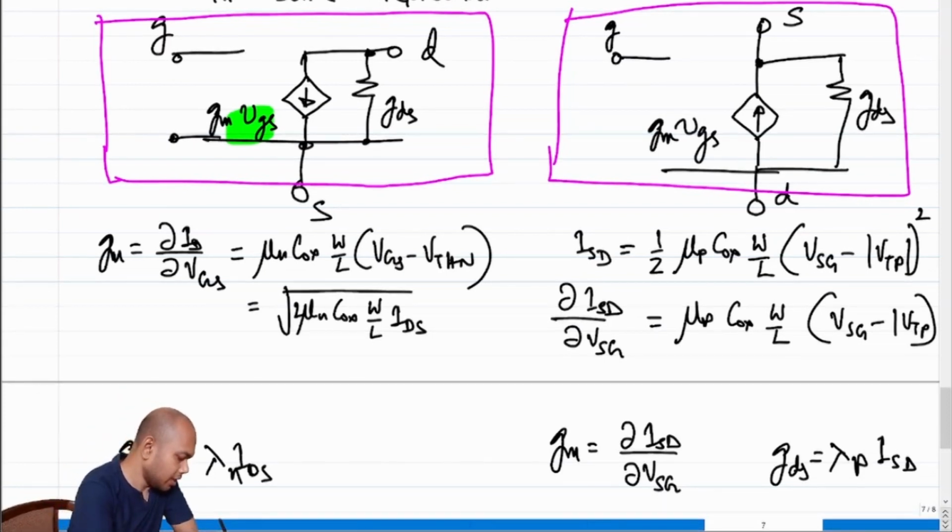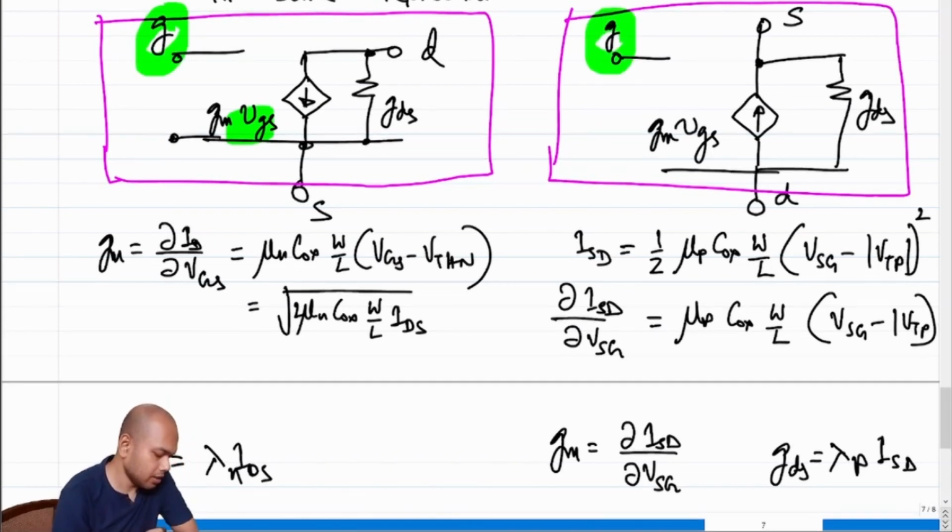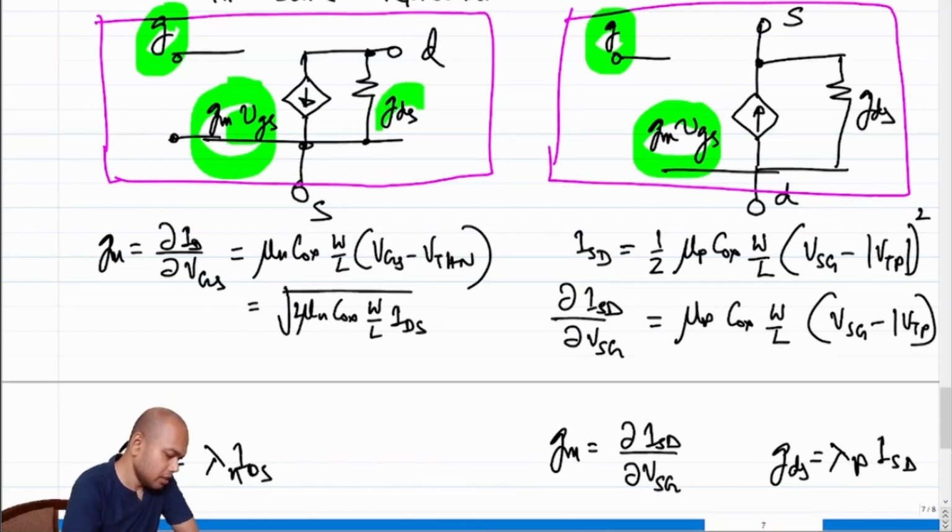So the similarities between these two models are: the gate remains as gate, GMVGS remains as GMVGS, GDS remains as GDS.